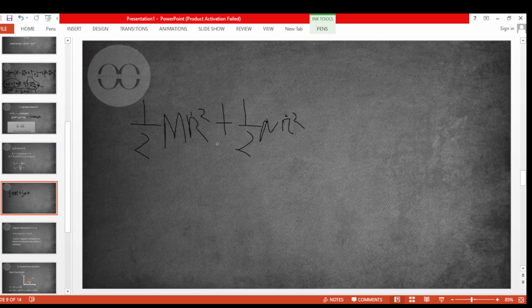As you can see, R dot was constant and we chose our constant to be 0. That means this term cancels out, which becomes 0.